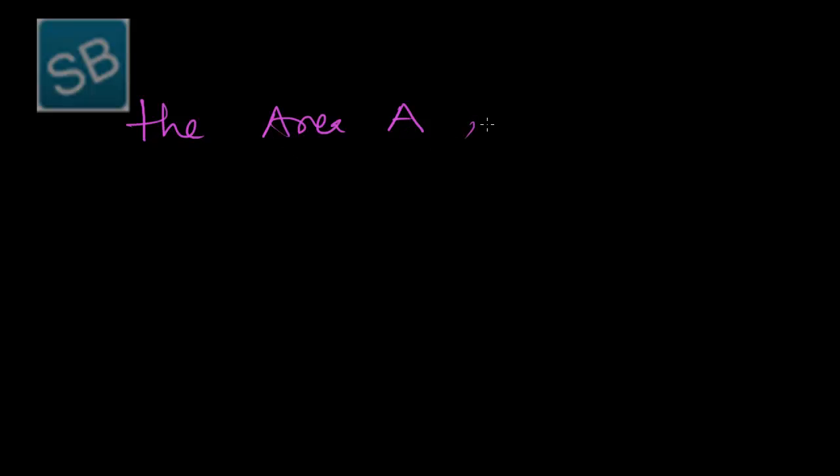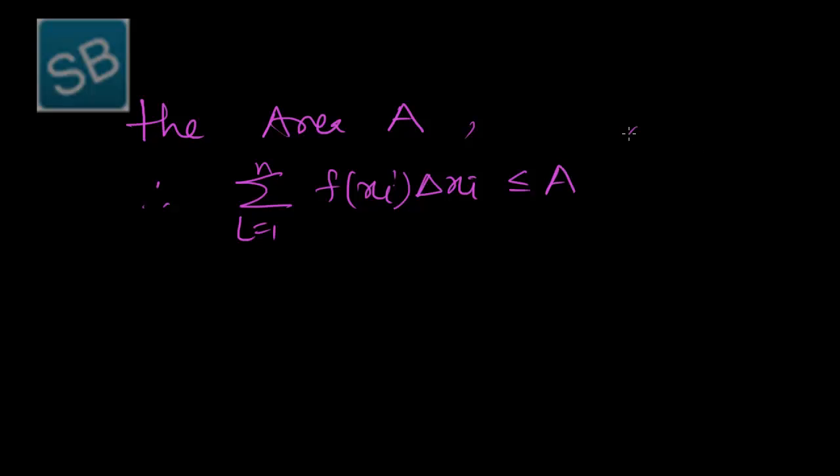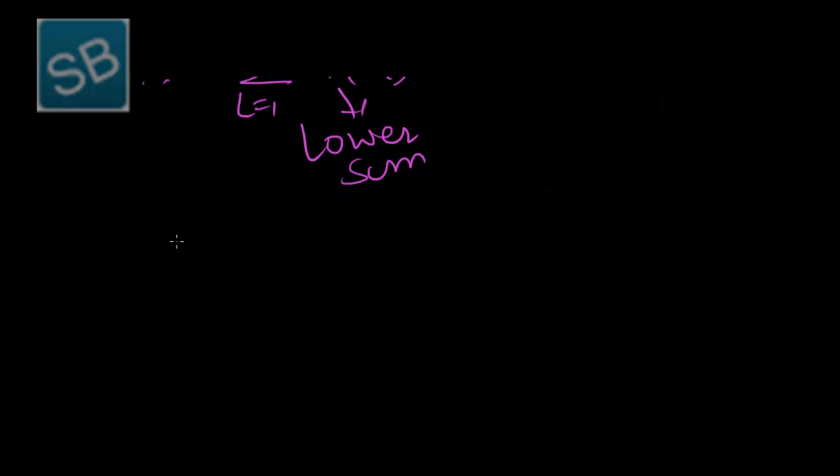So the sum from i = 1 to n of f(xi') delta xi is less than or equal to A, because in this part, this is a rectangle, so this part is remaining. So this area is less than the total area. This sum is named the lower sum because it is dealing with the minimum value.